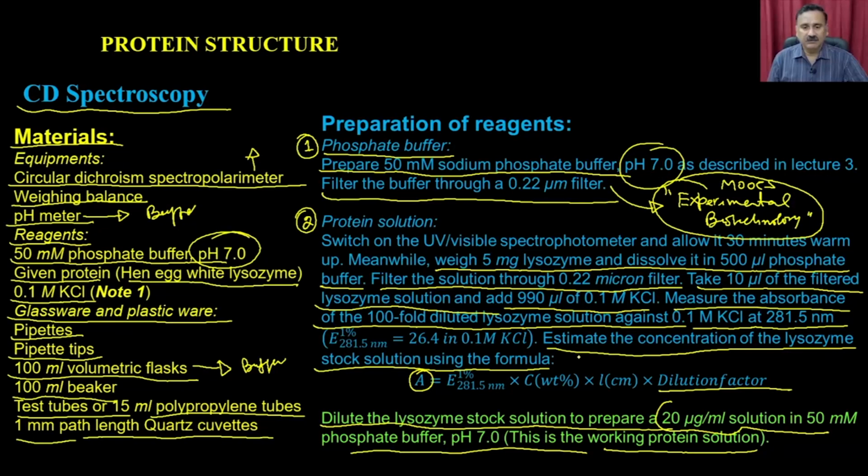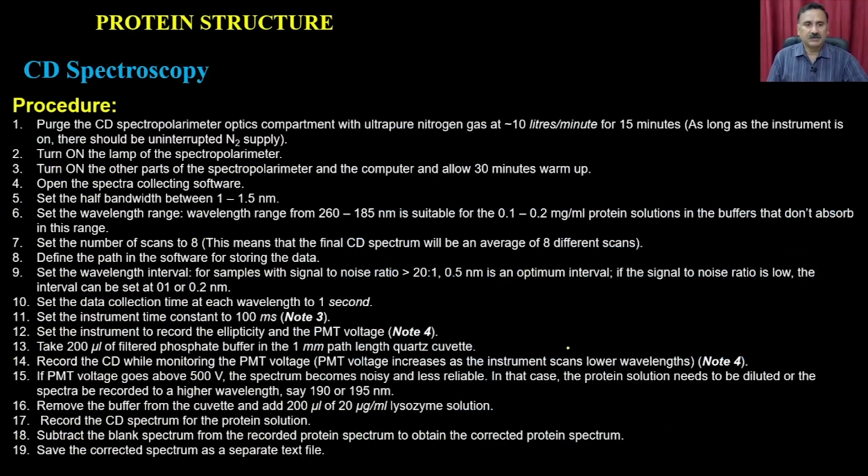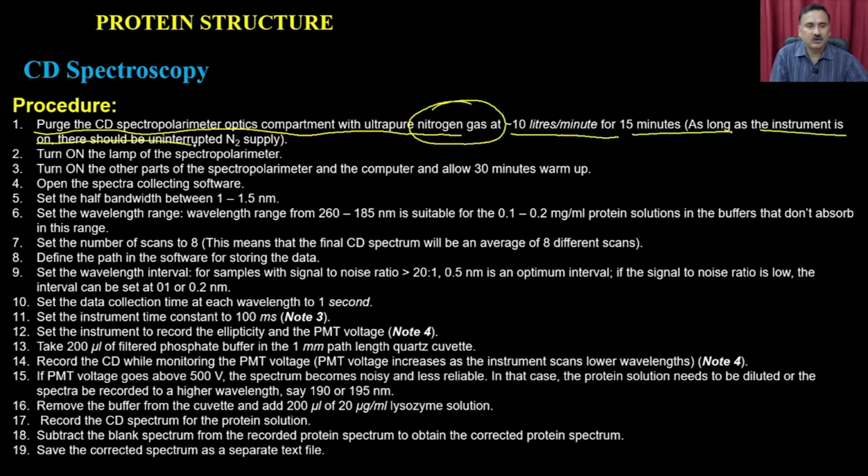After this, you have to follow the complete protocol. So in the procedure, you have to turn on the spectropolarimeter, right? And then purge the spectropolarimeter optical compartment with nitrogen gas at 10 liter per minute for 15 minutes. As long as the instrument is on, there should be an uninterrupted nitrogen supply.